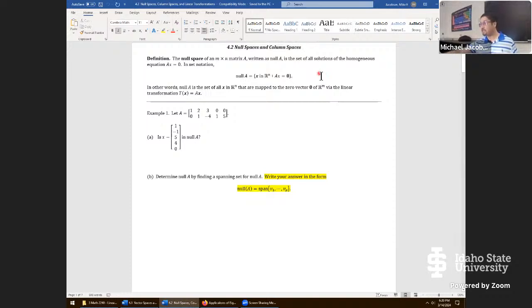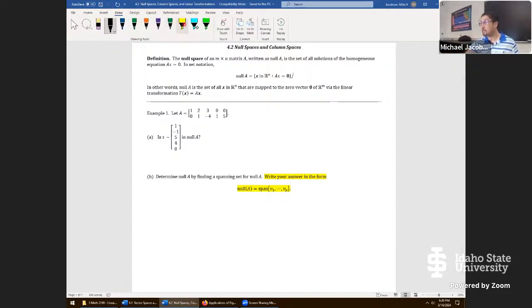But first, for the null space, it is written just as null A. We can think of it as a function in a certain sense. What it does is return the set of all vectors x such that A of x equals 0.